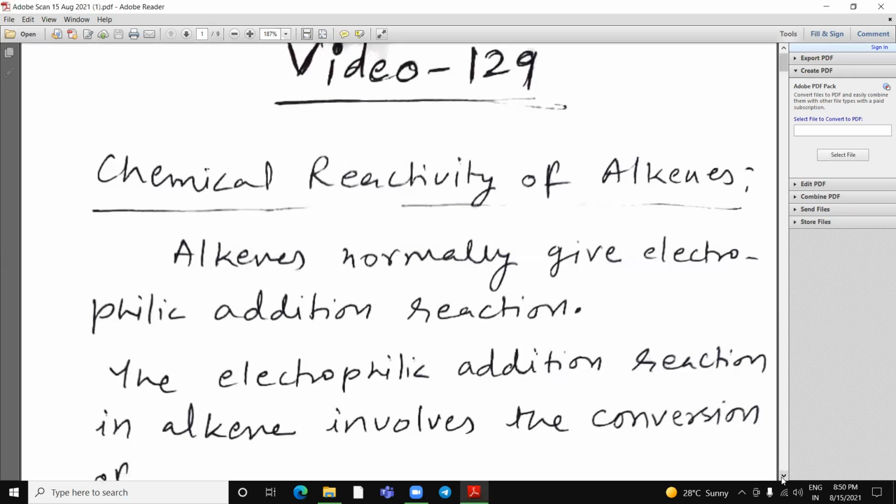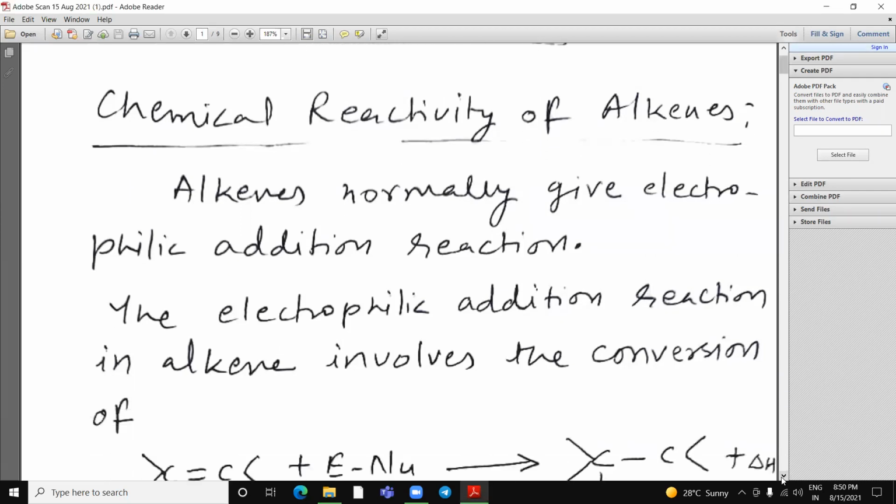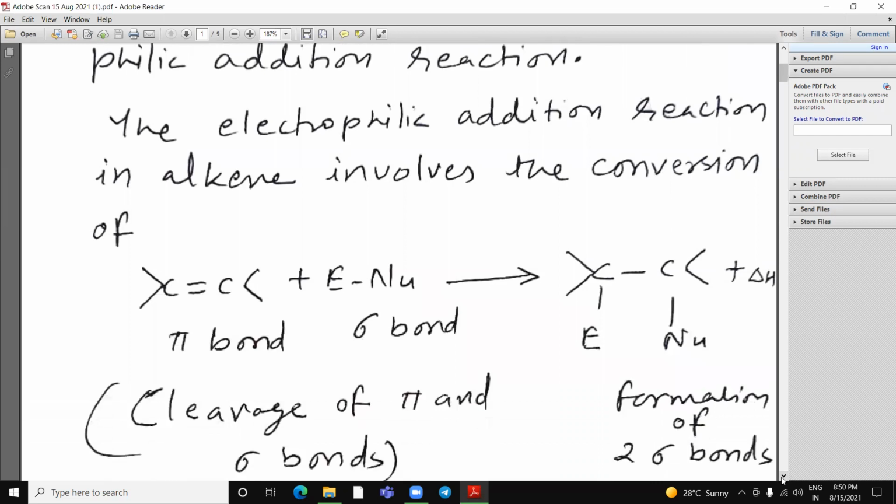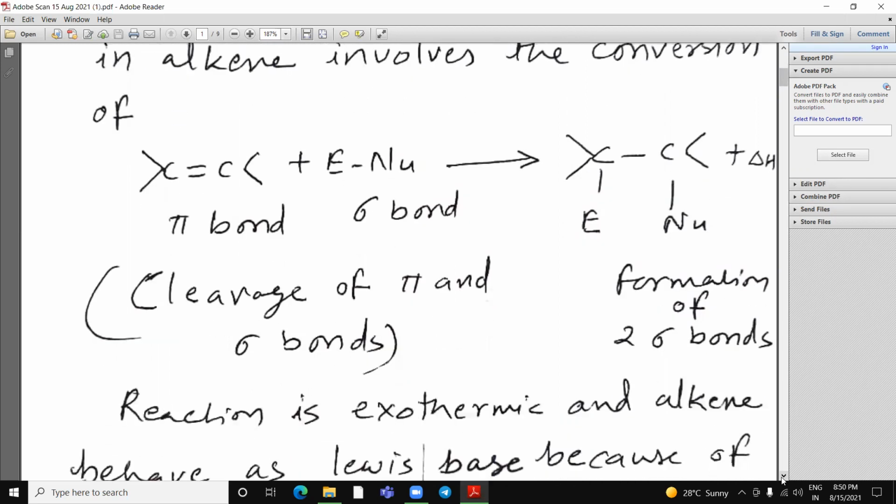Alkenes normally give electrophilic addition reaction. The electrophilic addition reaction in alkene involves conversion of alkene to corresponding alkanes.